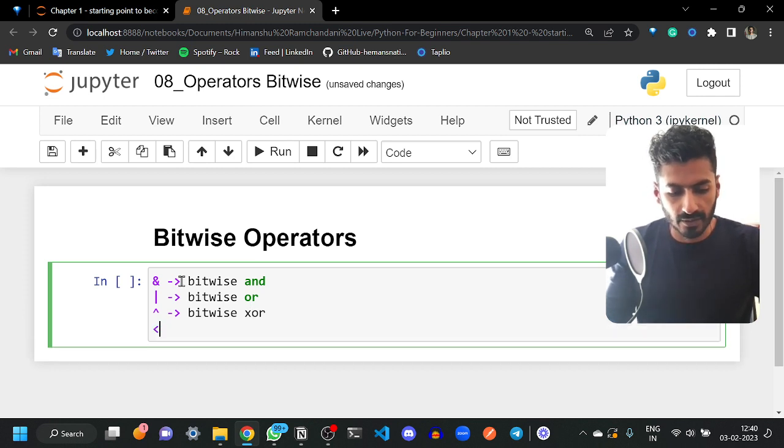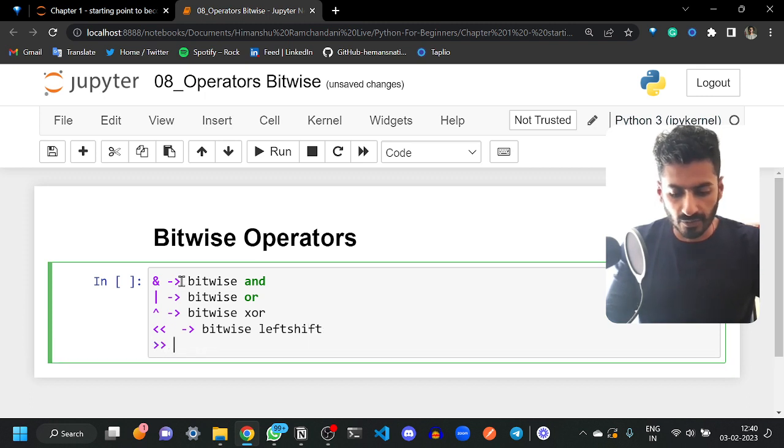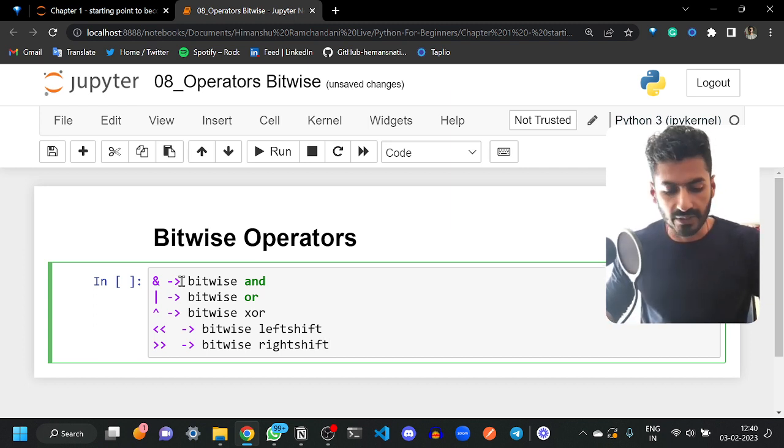Another one is bitwise left shift, and another one is bitwise right shift. Okay, so let's move forward with these and understand each of them individually.